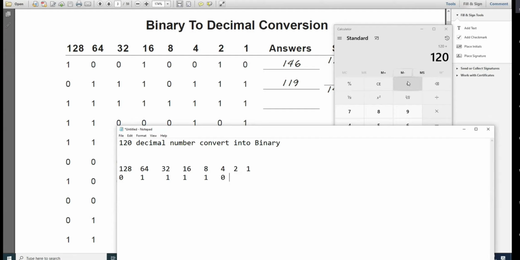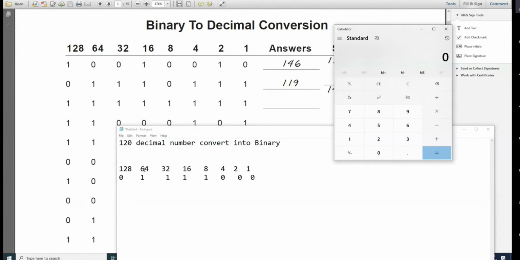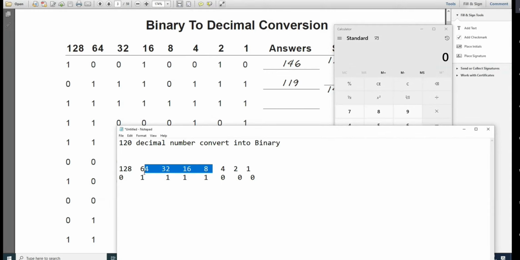All other bits will be 0. Now see how we convert this number: add 64, 32, 16 and 8. If these four numbers make 120, make those bits on, meaning 1.